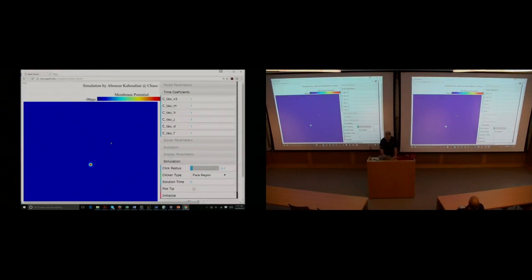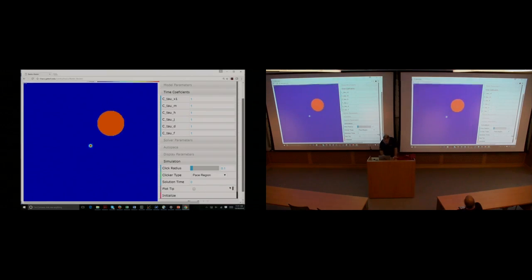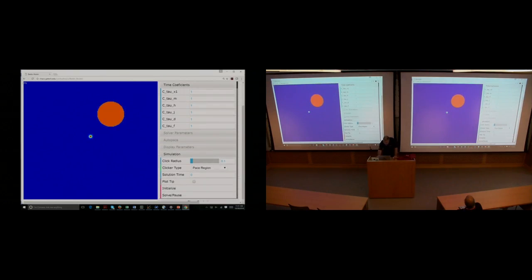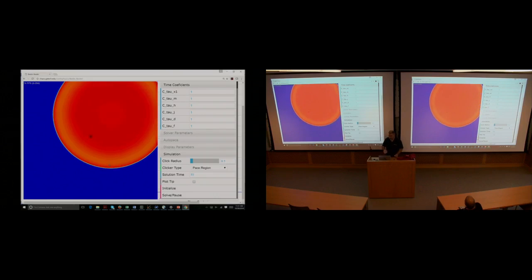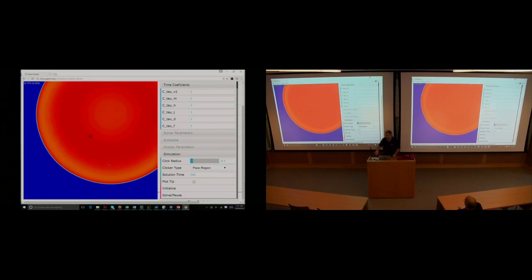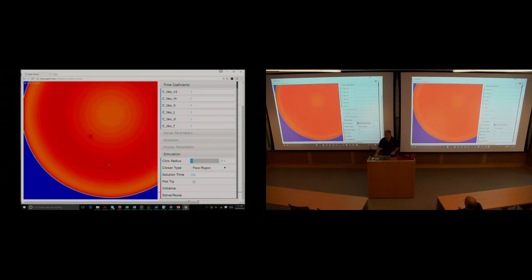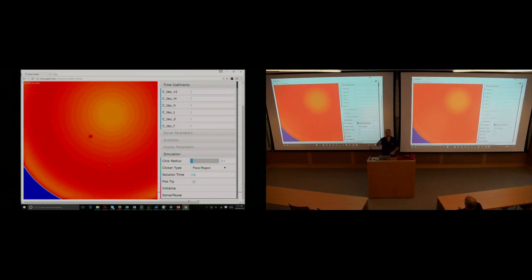So here, I'm going to stimulate. That's one of the problems too. When you use the converter to the projector, it delays the graphics card.